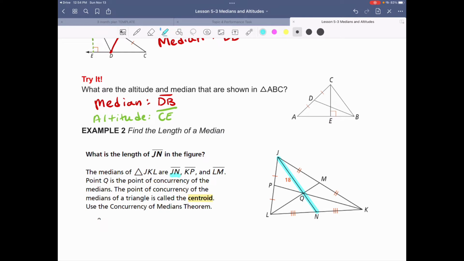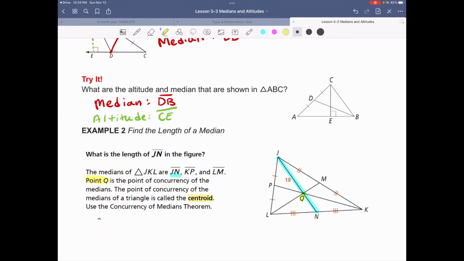Point Q is the point of concurrency of the medians. So we can see that right here in the middle, that's point Q. And point Q is the centroid. The point of concurrency of medians of a triangle is called the centroid.